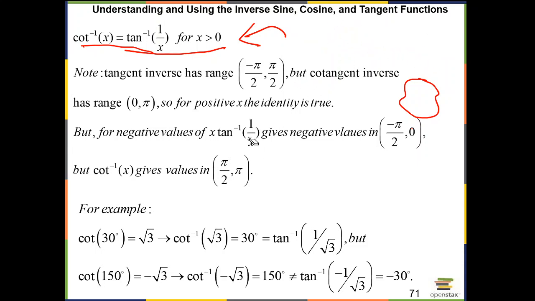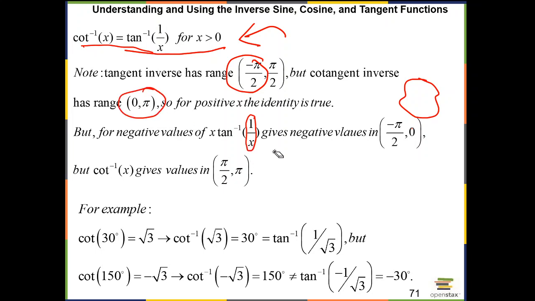It means what's an angle whose tangent is 1 over x, and if this is negative, then it's going to look here in the negative numbers for the answer. So the answer to tangent inverse would be negative, and the answer for cotangent inverse would be positive, because cotangent inverse always gives you a positive answer here.